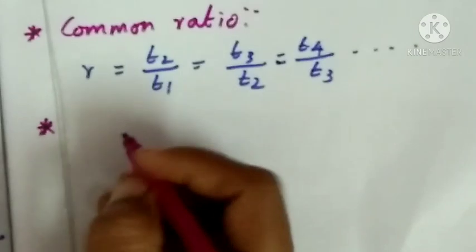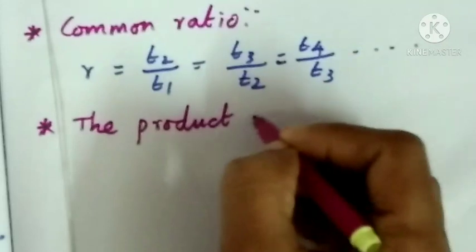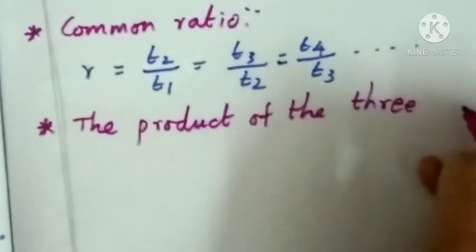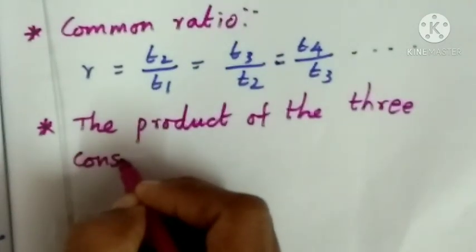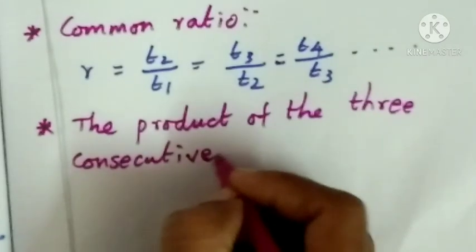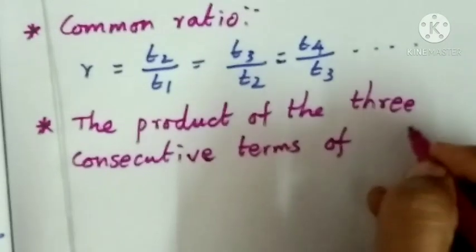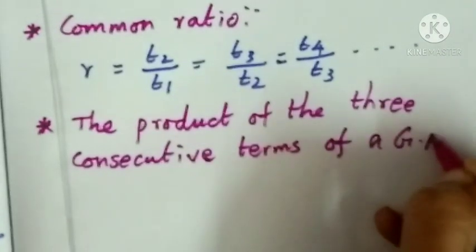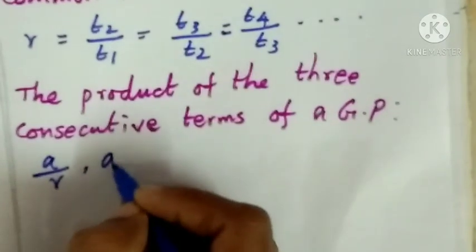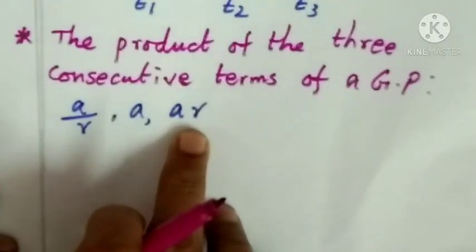The next point, the three consecutive terms of a GP are A by R, A, AR. Here R is a common ratio.